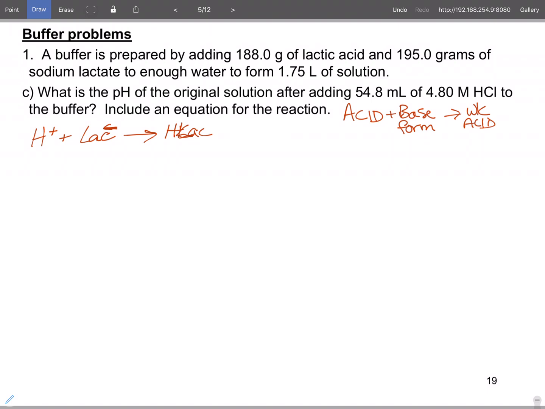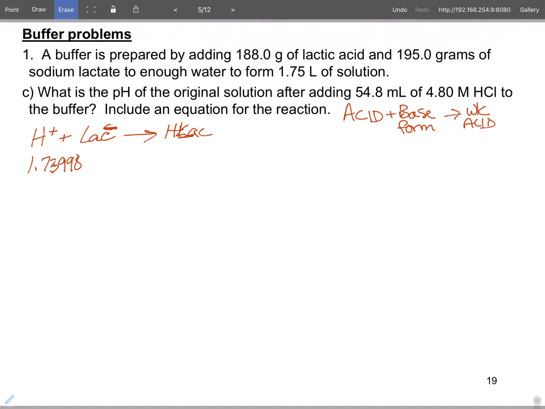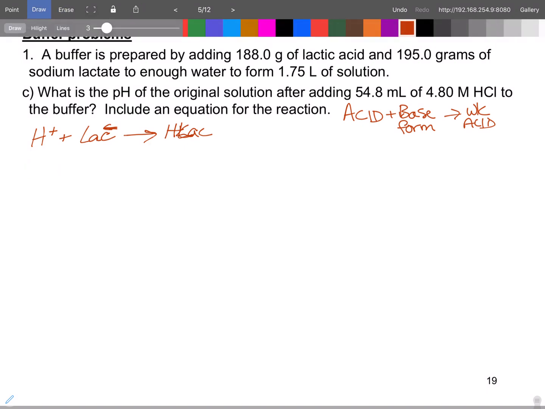So what we do is we start with the amount we have. So for the lac minus, we're going to have 0.98... whoops, put it in the wrong part. Let's do this again. 1.73998.